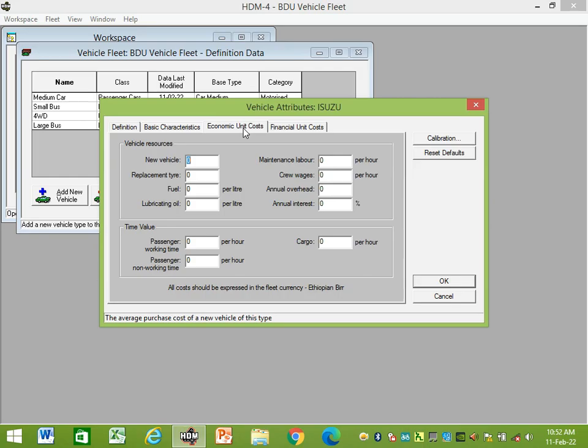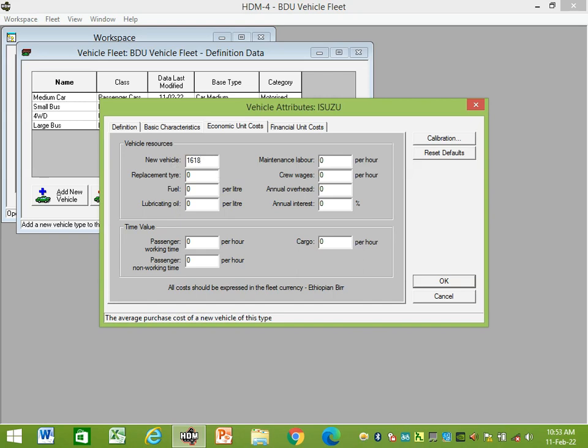How much is the price of the small truck? Financial 1,950,000. Replacement tire. Economic, I got economic, no. Tell me.